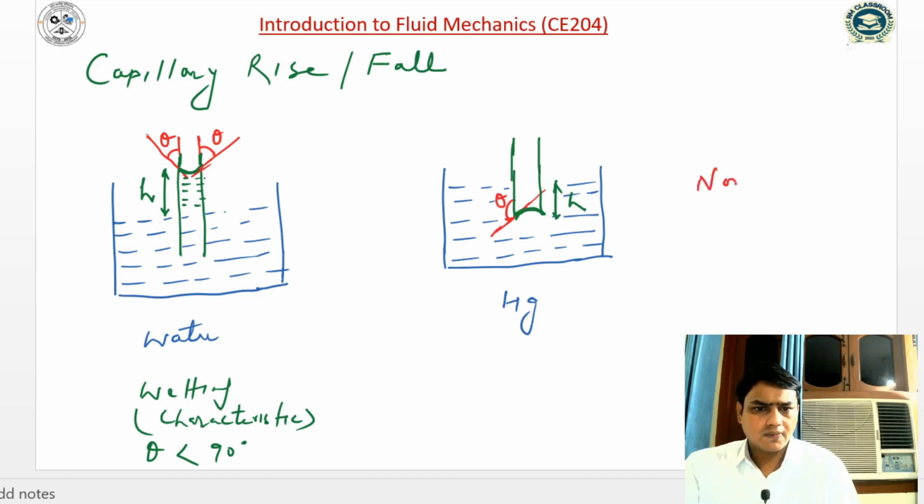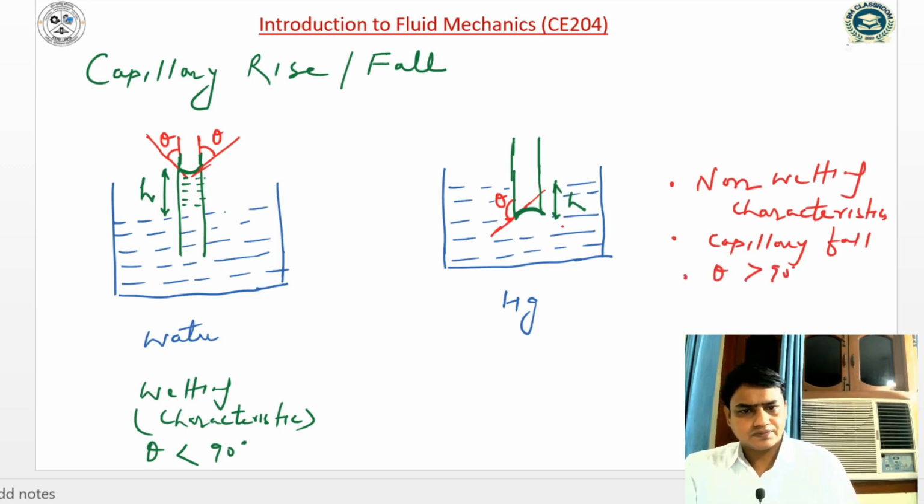So here these are the non-wetting characteristics, or we can say capillary fall, and theta is greater than 90 degrees. And the previous one is the example of capillary rise.